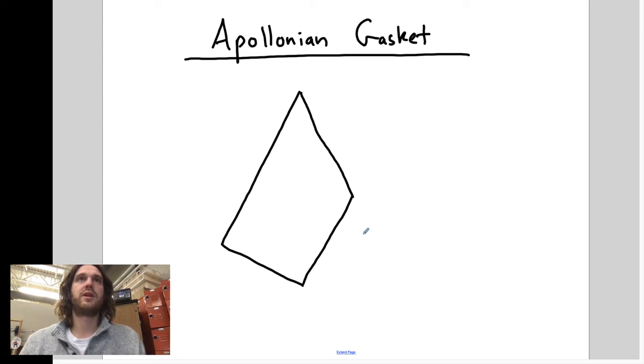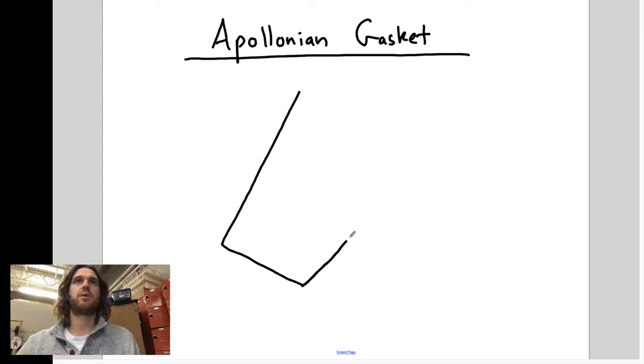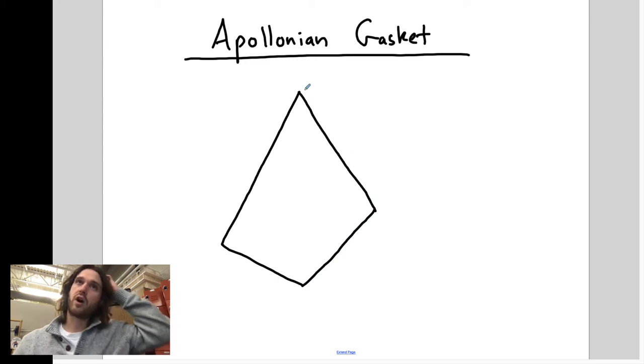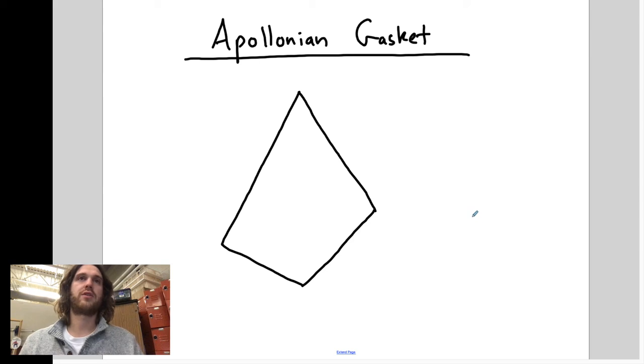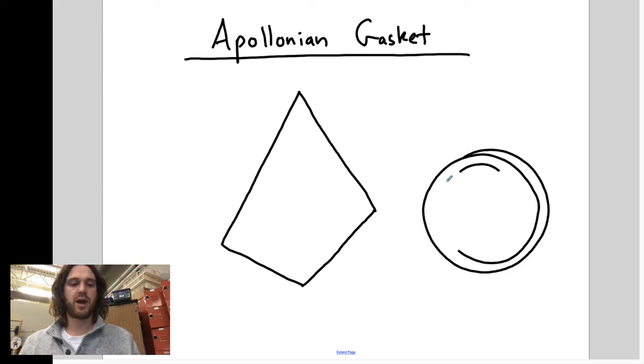Now what we do is inside that shape, let me take this line away. Inside that shape, you want to draw the largest possible circle that you can. When I'm drawing on paper, what I recommend is do it really lightly. I can't do it lightly because my pen only detects on or off.